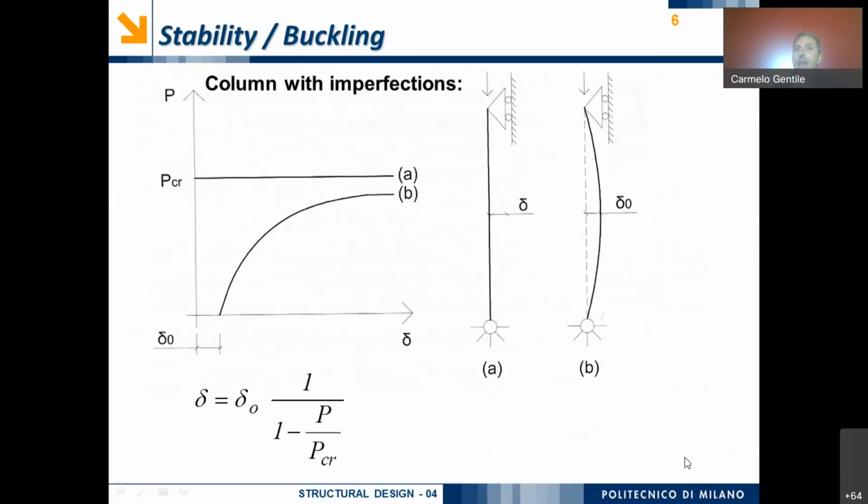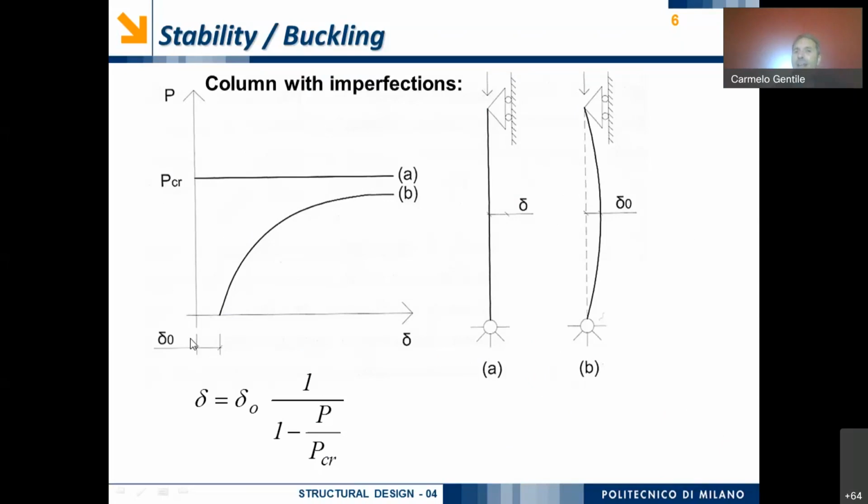Okay, now what I have shown to you so far holds for ideal columns without imperfection whose behavior is indefinitely elastic. But we have recalled that a real industrial column is different from an ideal column due to the imperfections.